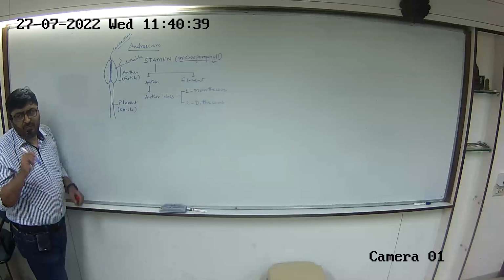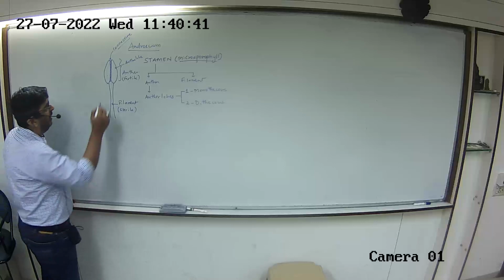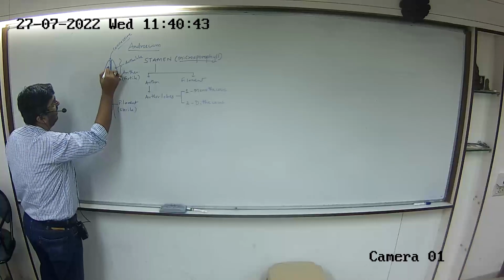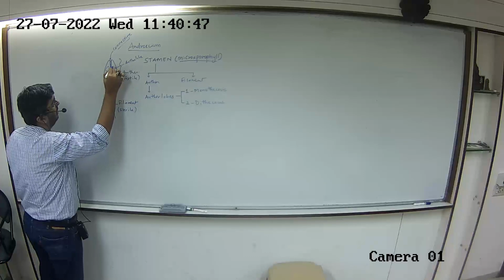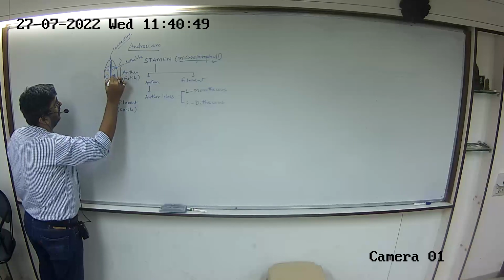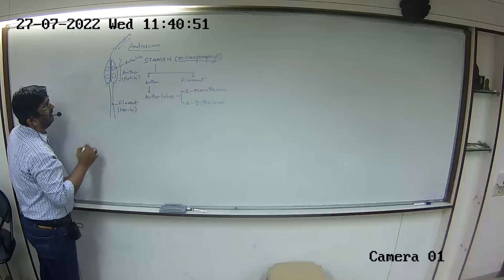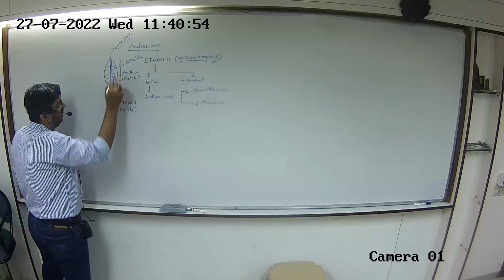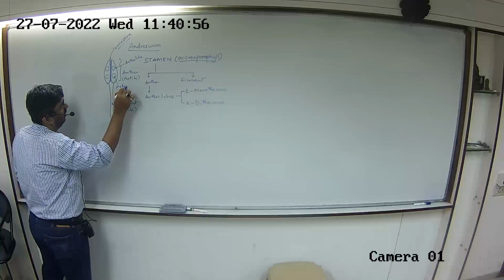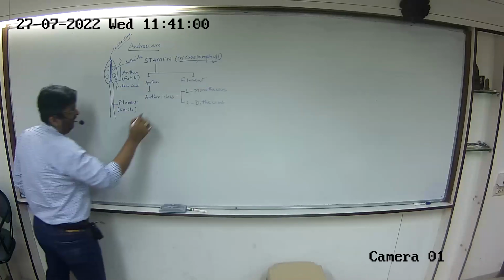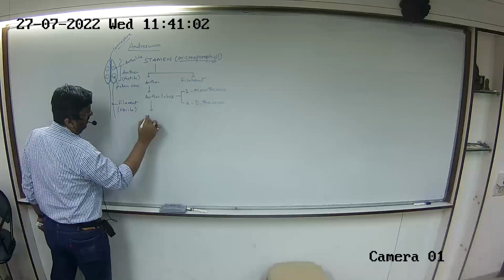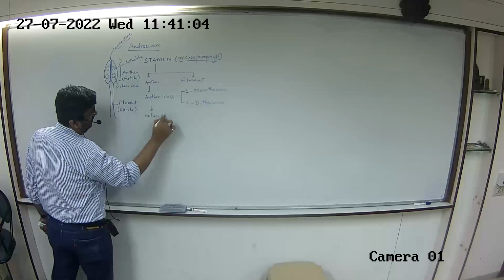Now, each of the anther lobes has got two cavities. These cavities are called pollen sac. So, anther lobes consist of pollen sac.